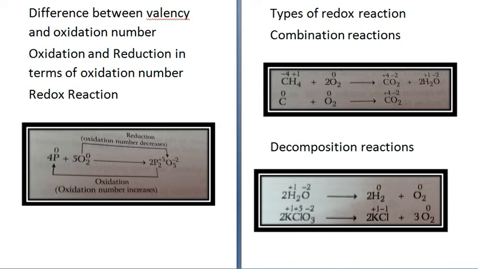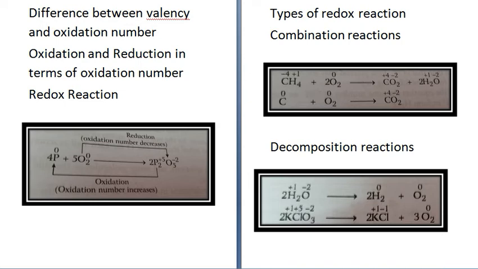And this bromine in the center is bonded to 2 oxygen, -2 and -2, so this becomes +4. So the average oxidation state becomes 6 plus 6 plus 4, that is 16 upon 3. Alright. So in this way you can calculate the oxidation number for various atoms in a compound.